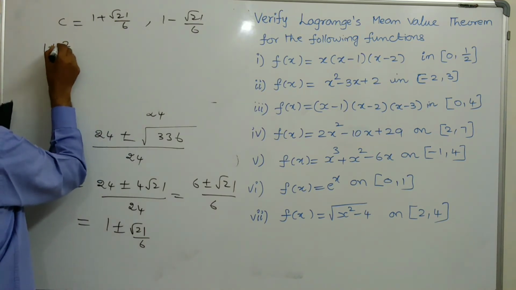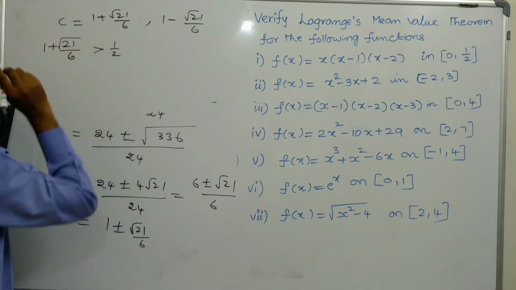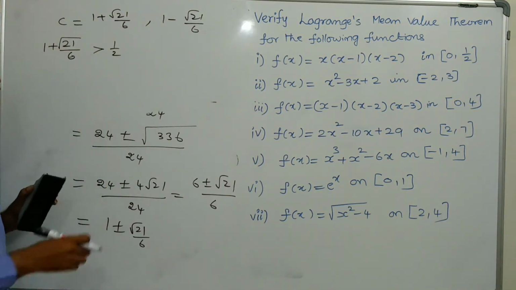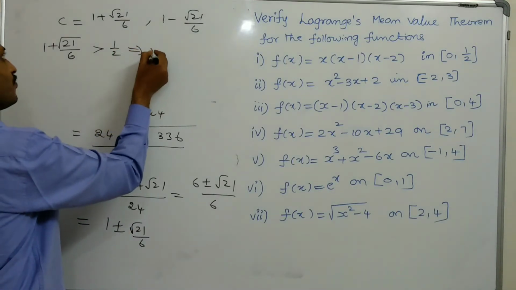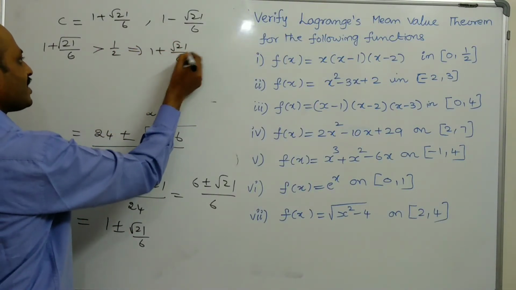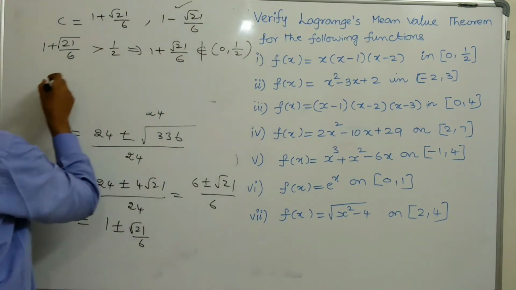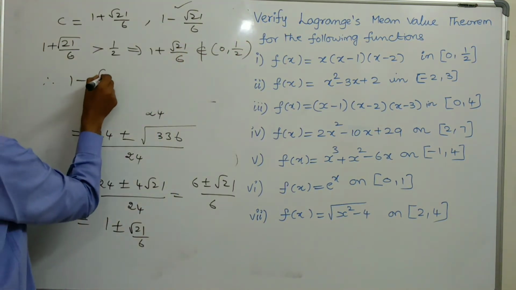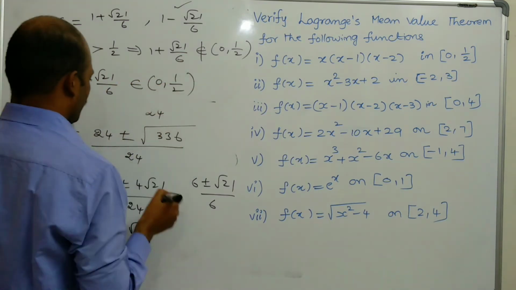1 plus root 21 by 6 is greater than 1 by 2, you can verify. So this term does not belong to the open interval 0, 1 by 2. The only value 1 minus root 21 by 6 belongs to the open interval 0, 1 by 2.